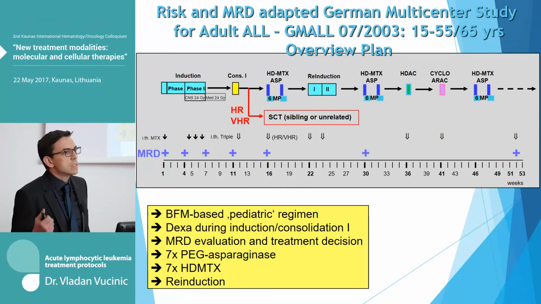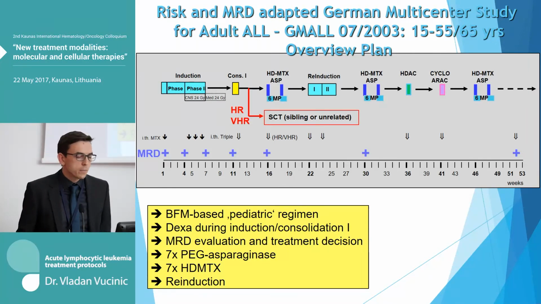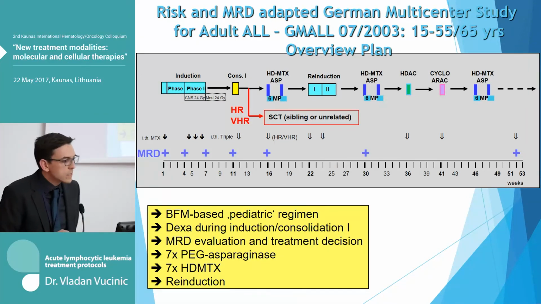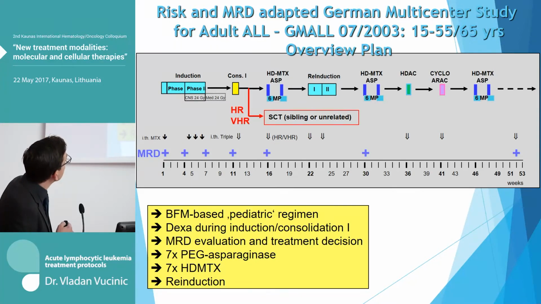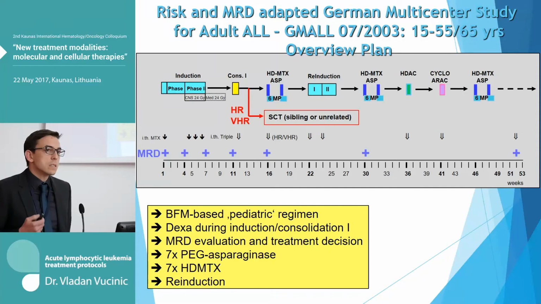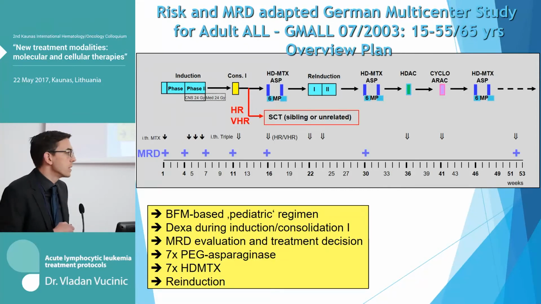The first year is quite loaded with chemotherapy, and it looks like this in this concept. Every patient receives a pre-phase therapy, then an induction in 2 phases, and consolidation 1. After consolidation 1, we decide if the patient continues with chemotherapy, or if, in case of high risk or very high risk, he or she has to turn to allogeneic stem cell transplantation.